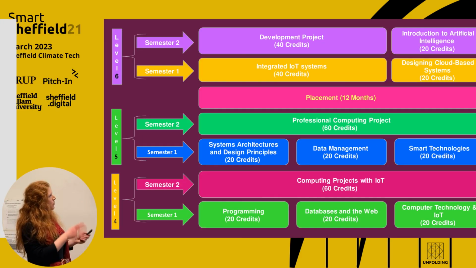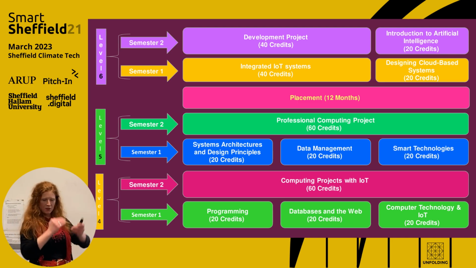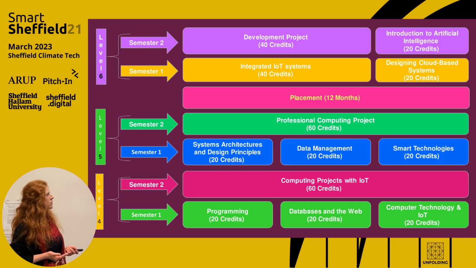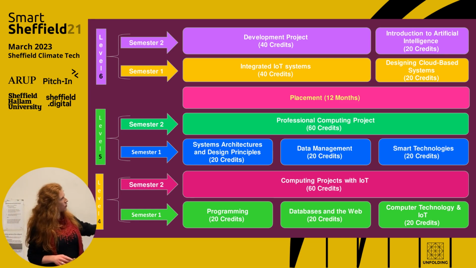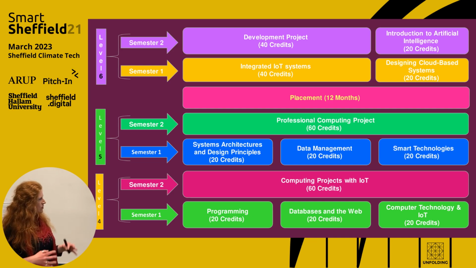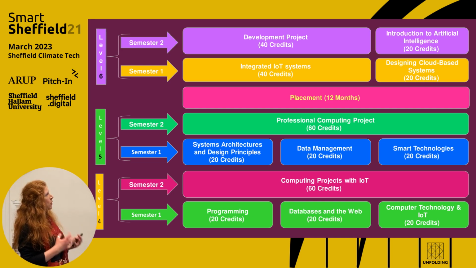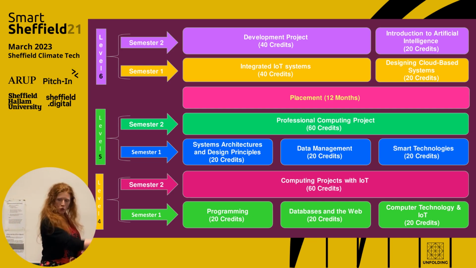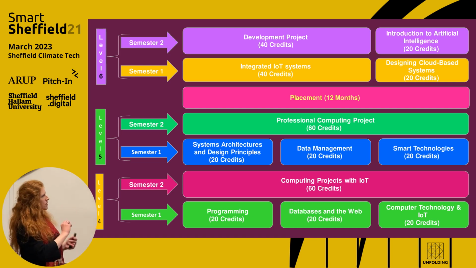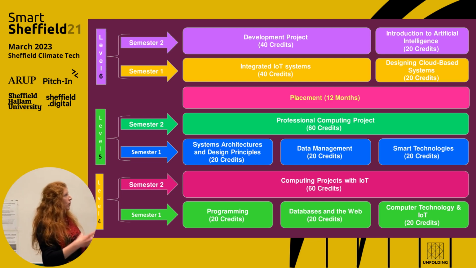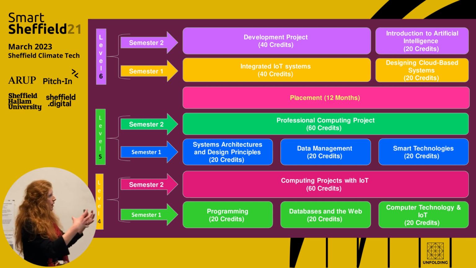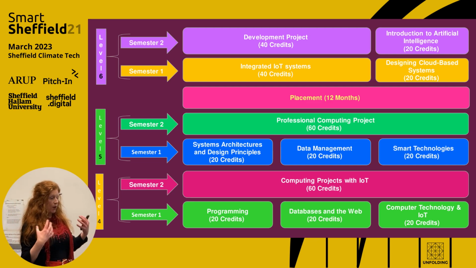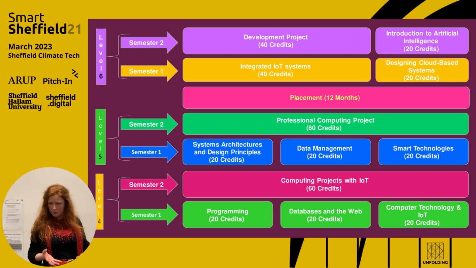Just to give you an idea of what that looks like across the 3 or 4 years that students spend with us, it looks a bit like this. In the first year and the second year, in the first semester, students study modules that incorporate these 4 strands. Then in the second semester, they collaborate on projects where we work with industry to create projects that involve smart computing systems.